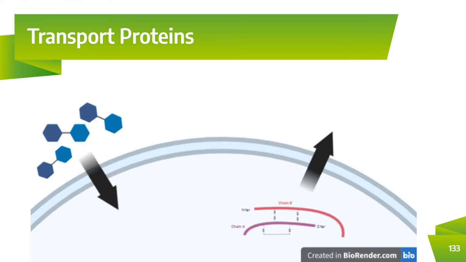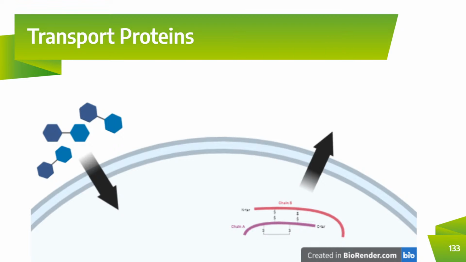And this layer is not permeable, so usually things don't go through it easily. Of course, there are some things that can go through, but for the most part, molecules don't really go in and out of cells. Generally, free flow of molecules from inside and outside of the cell would not be a good thing.